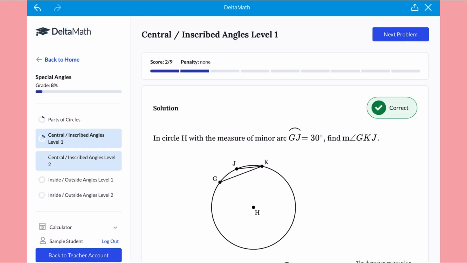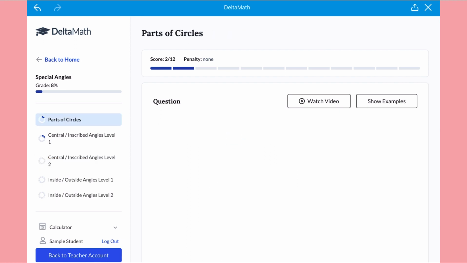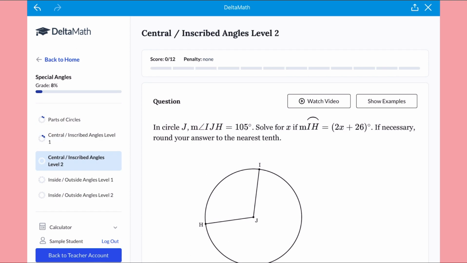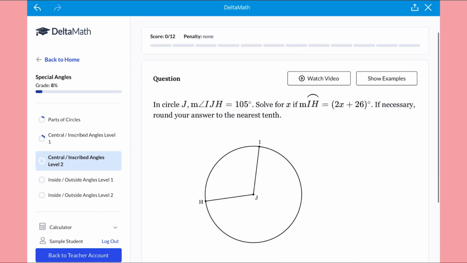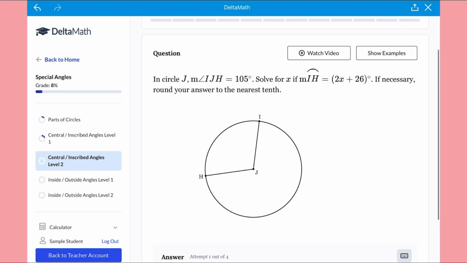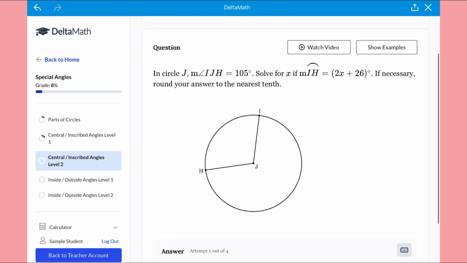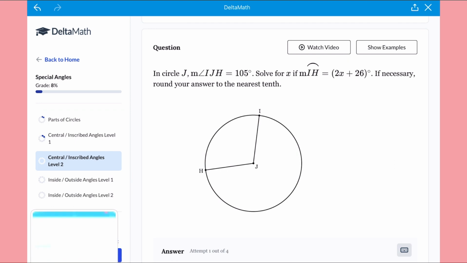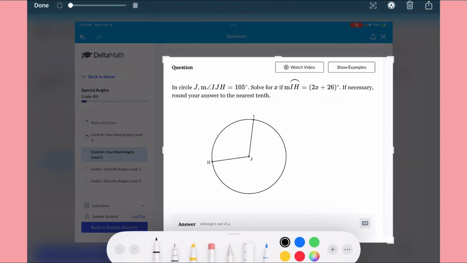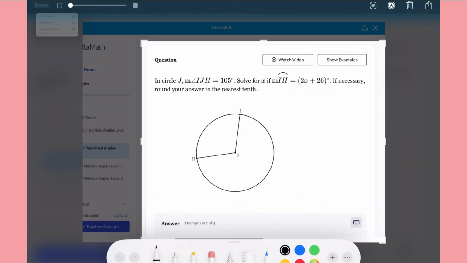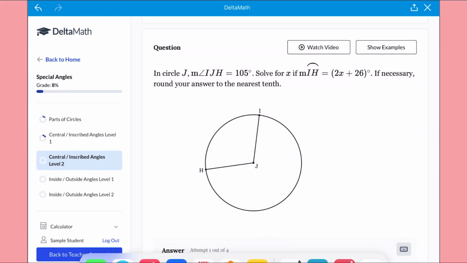Okay, let's do level 2. And like I said, these 3 sections are the only ones you'll be able to do. We won't do the last 2 until the next day. Okay, so level 2 says, in circle J, the measure of angle IJH equals 105. Solve for the arc IH if it equals 2x plus 26. So right off the bat, you should start asking yourself, what kind of angle is this on my circle?